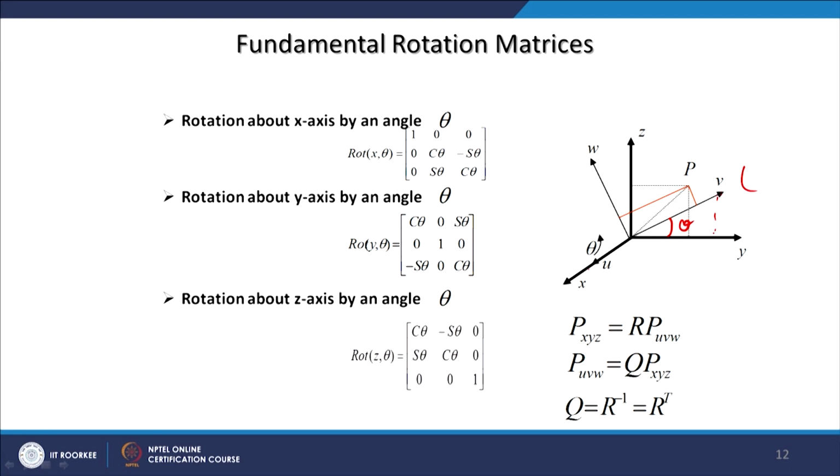Because this length is 1, the projection is cos theta. So, the x axis will not change, and the y coordinate has come to this expression. Here it is cos theta for the y value and the z value is sin theta.